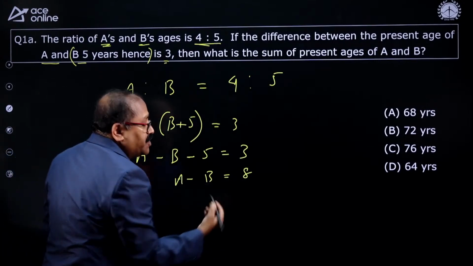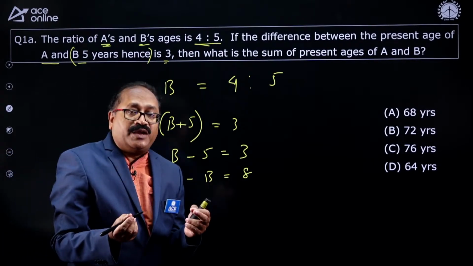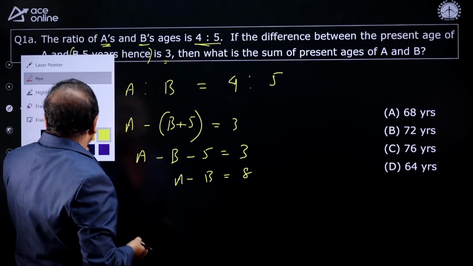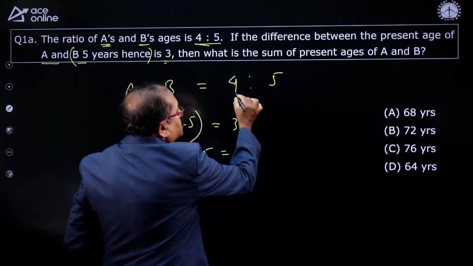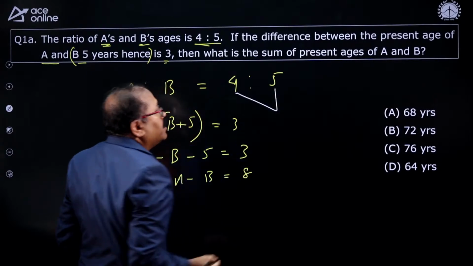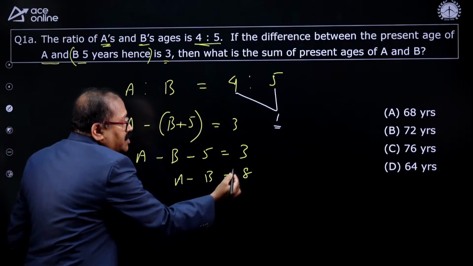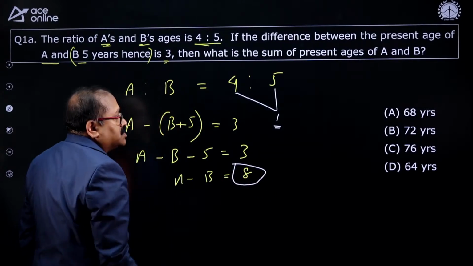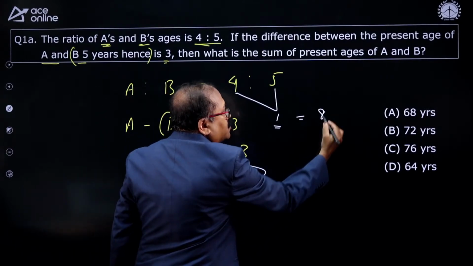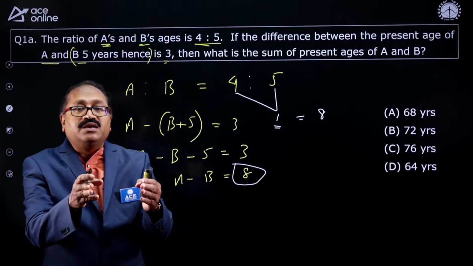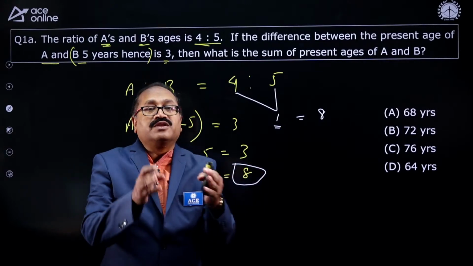The difference between A and B is 8. Am I right, madam? Now, what is the next one? It is said the ratio is 4:5. What is the difference in terms? One term difference. What is the age difference? 8 years. So one part is equal to 8 years. Then what will be 4 parts? 4 parts will be 8 times 4, 32.